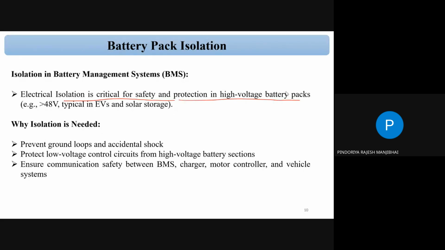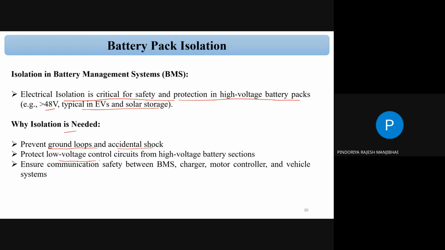So we have to isolate all the cells. For example, more than 48 volts, typically in the EV and solar storage. Correct. Why is isolation needed? Prevent ground loops and accidental shock. Somewhere we can feel the shock from the battery, so isolation is most important.